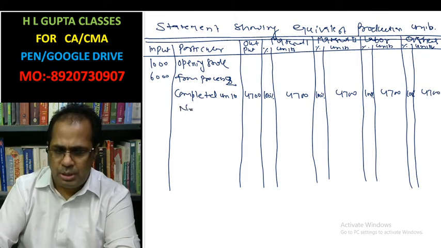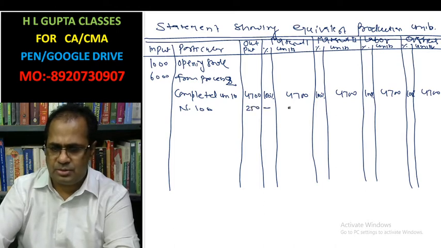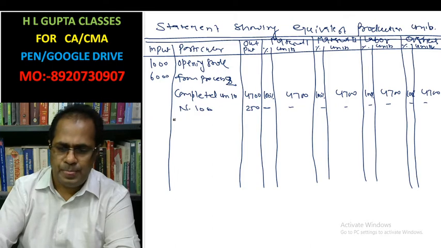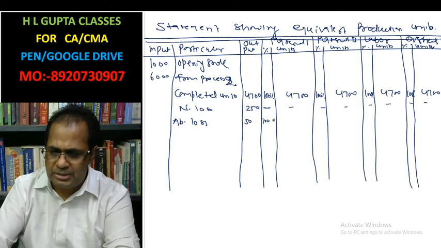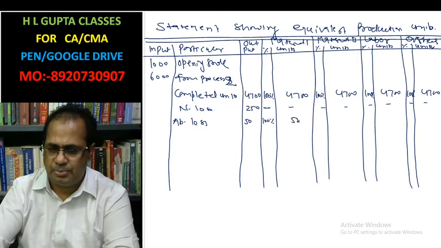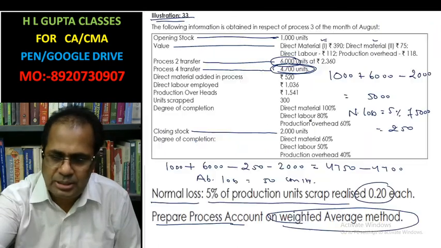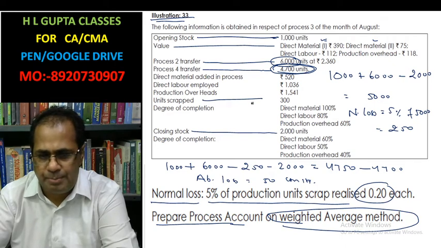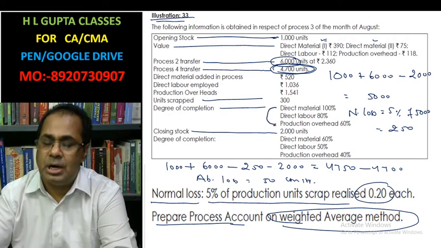Thereafter, normal loss is 250; this is not considered for any completion units. Abnormal loss is 50. First material is assumed to be 100%, that is 50. For the second, the completion stage is given here. For abnormal loss and scrap completion, direct material is 100%, first as well as second.